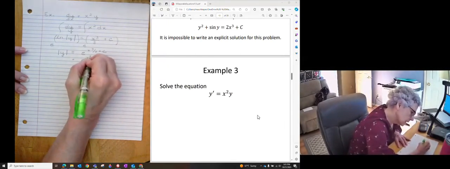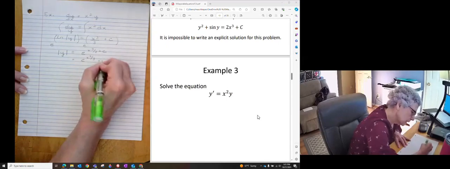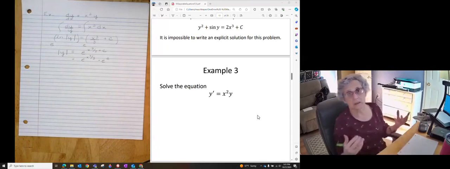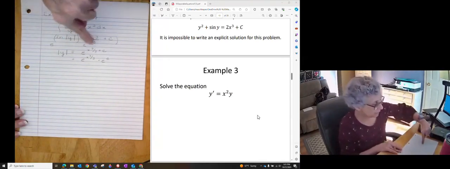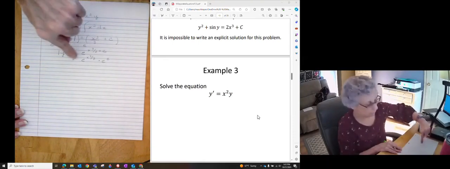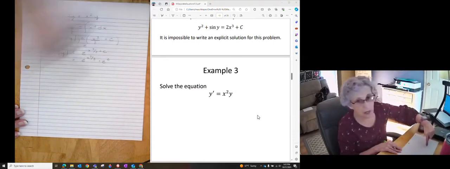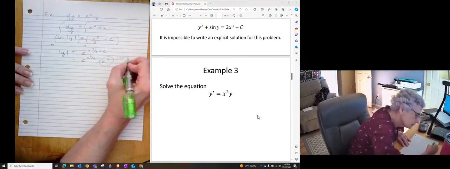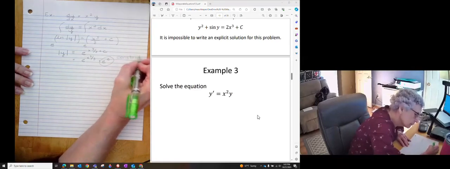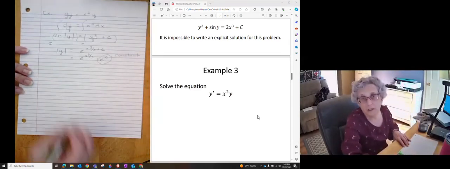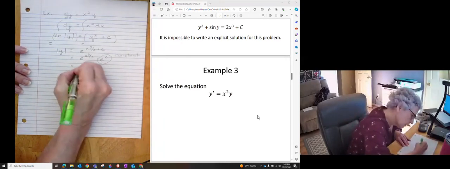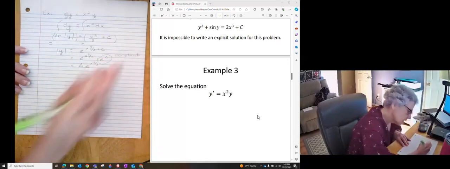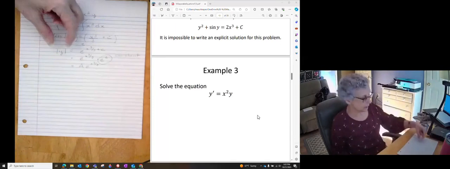That's equal to e to the x cubed over 3 times e to the c. Because remember, when you have e raised to this plus that, it's e raised to this times e raised to that. And this is just a constant. So I can call it A, A e to the x cubed over 3.